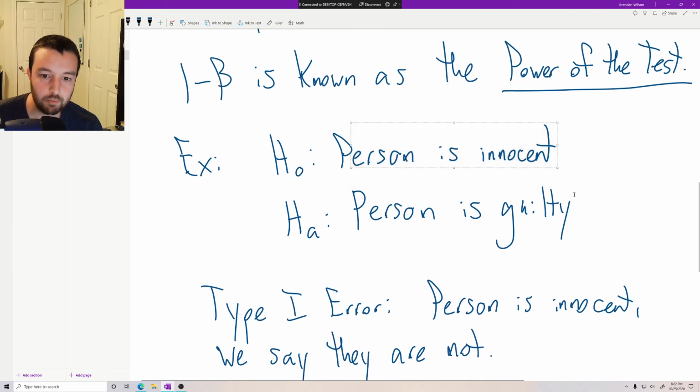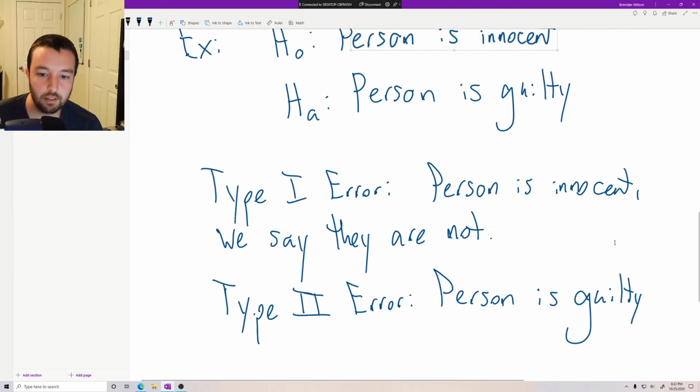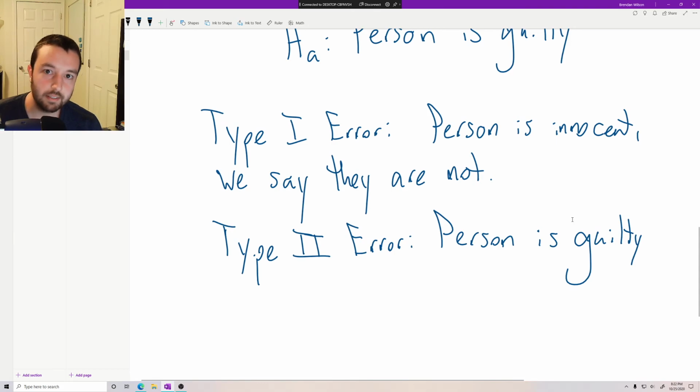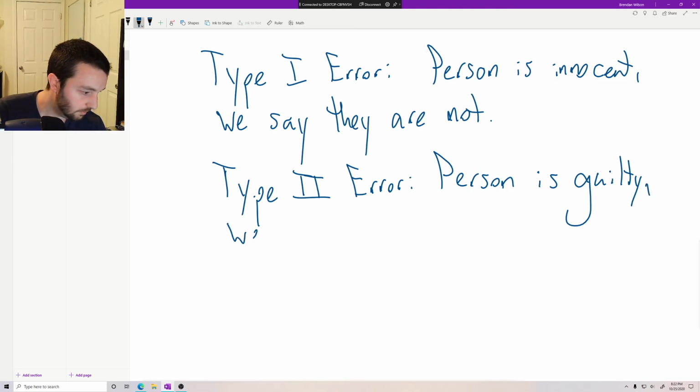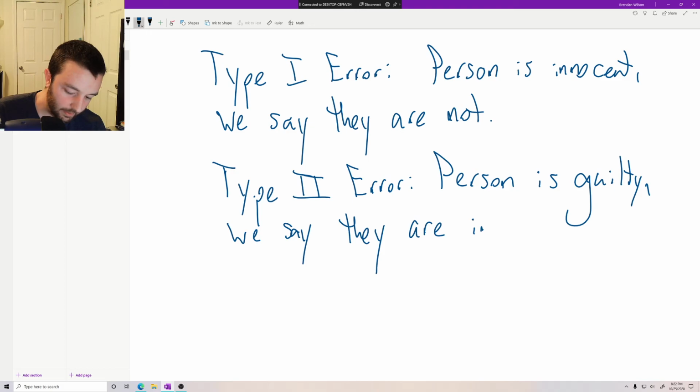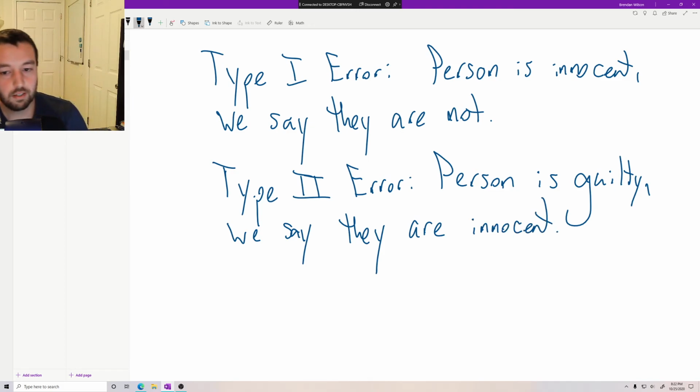So them being innocent would be false. So it means that they are guilty or not innocent, if you prefer. Person is guilty. We say they are innocent. Okay. So that's also bad, right? We're letting a guilty person go free.